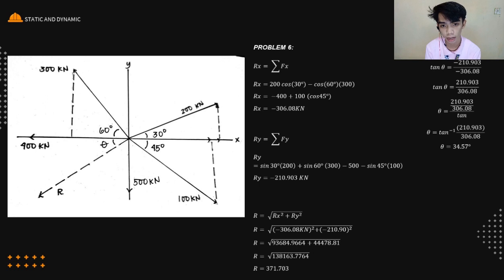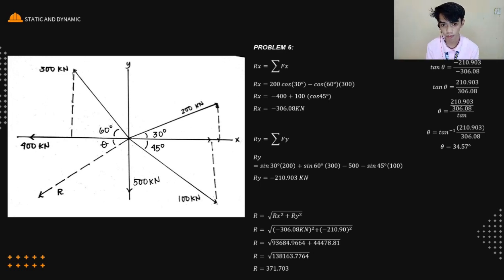Since it is positive, its arrow points to the right, so the sign is positive. Then for the 300 kilonewton, cosine 60. Since its F of X points to the left, it will be negative. So, the answer is negative 306.8 kilonewton.